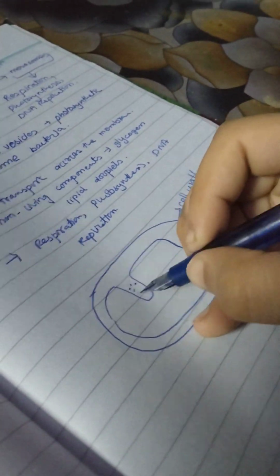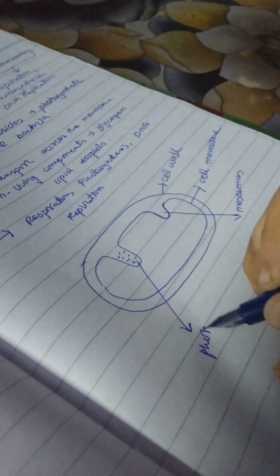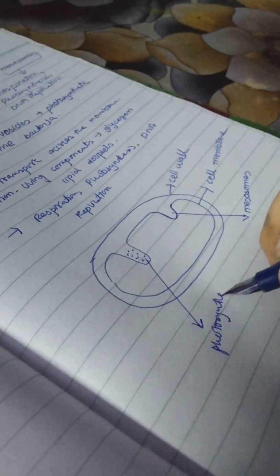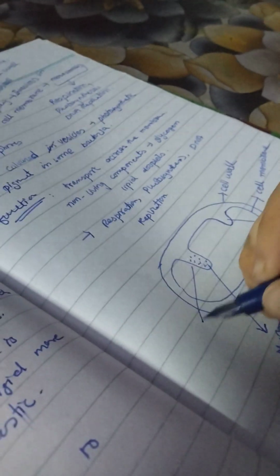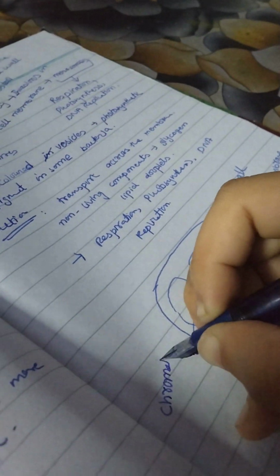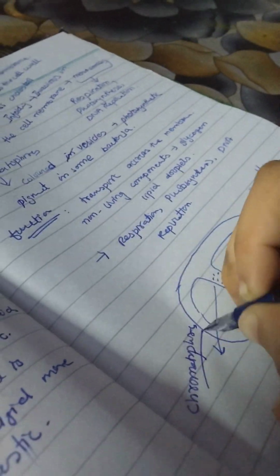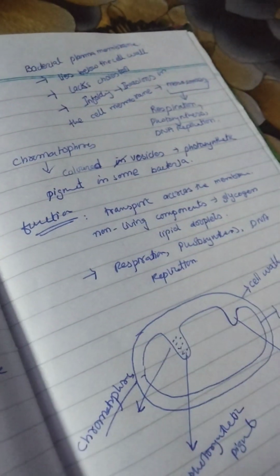And this infolding, which contains some photosynthetic pigment, is basically known as chromatophore.